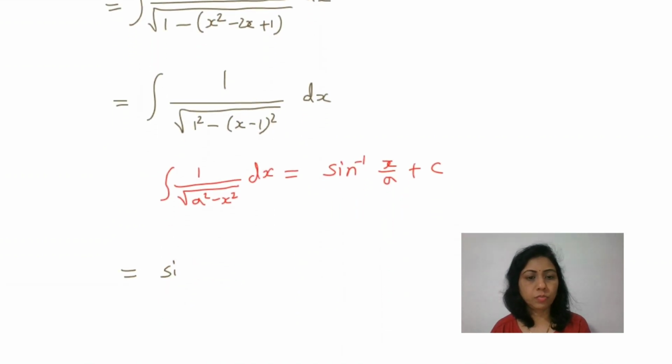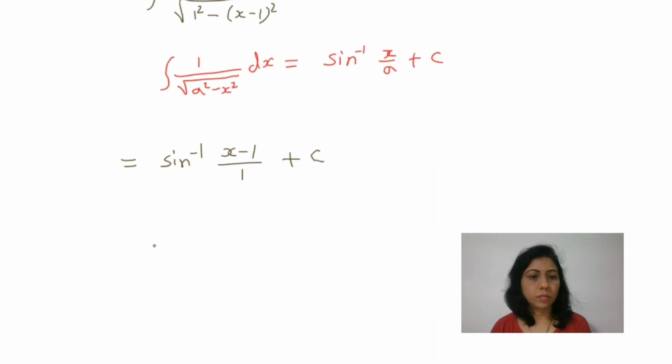So sine inverse, here a value is 1 and x value is x minus 1. So x minus 1 upon 1 plus c. So the final answer is sine inverse of x minus 1 plus c, and this is our final answer.